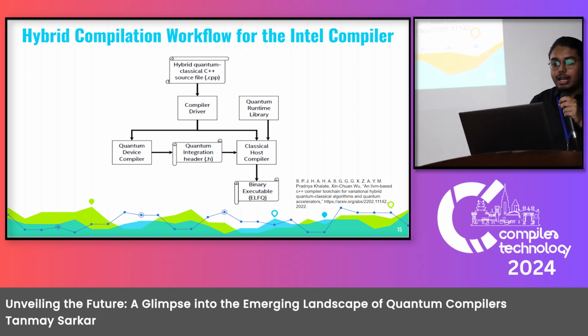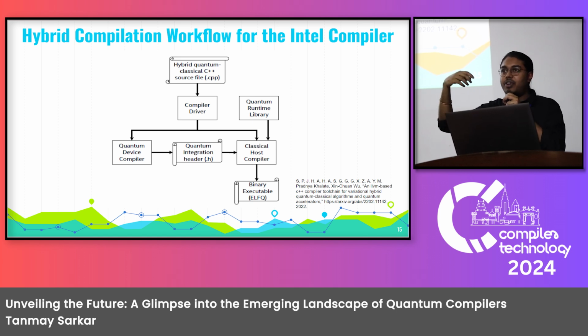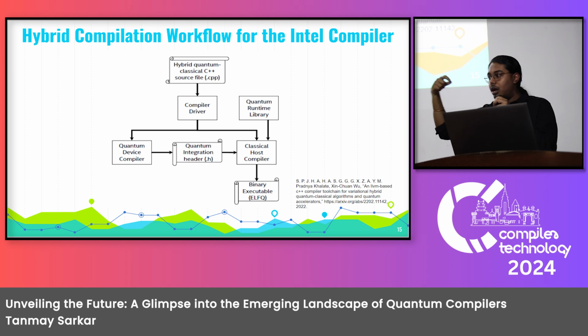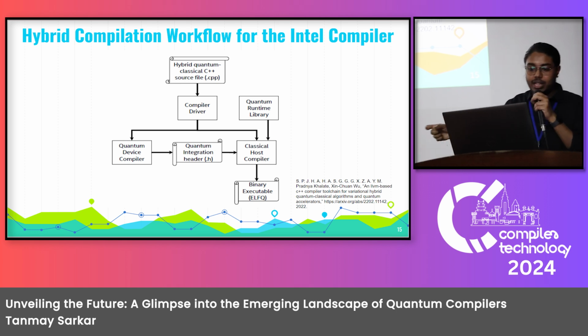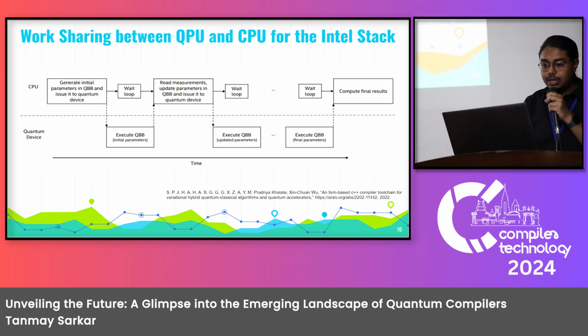Then the classical part and the quantum part are woven together. There's a quantum runtime library that provides functionality for communicating with the QPU and all that. Then they have a linker, which converts it into a binary executable linkable format, ELF. So there we have quantum basic blocks in that ELF format.